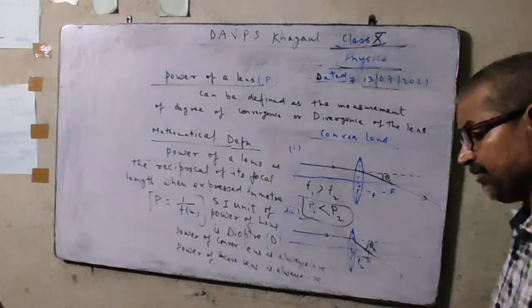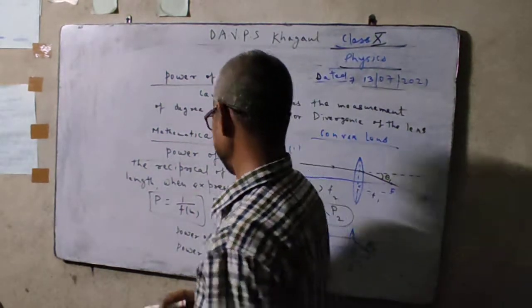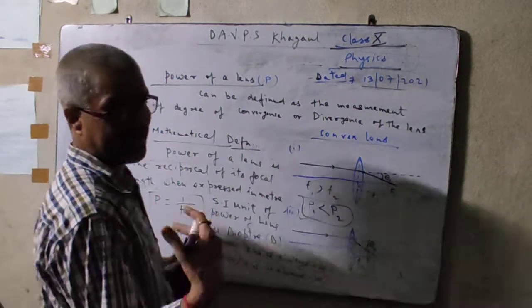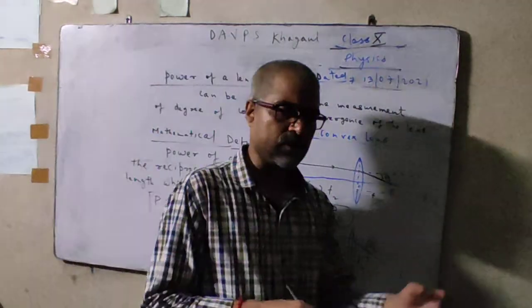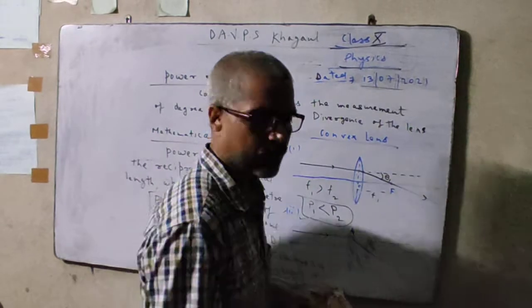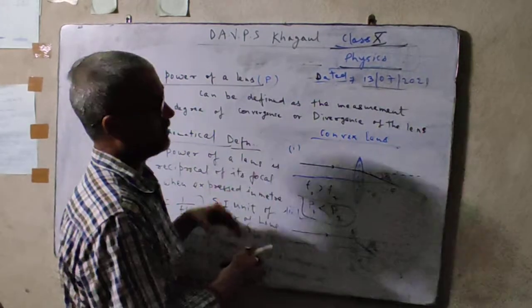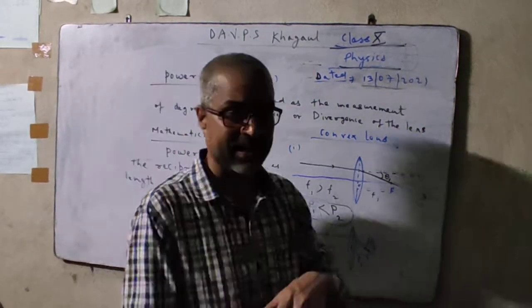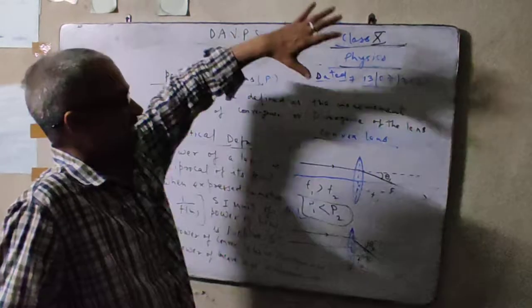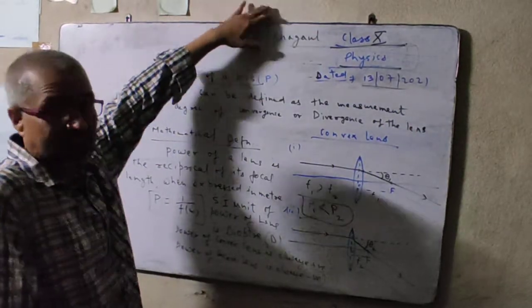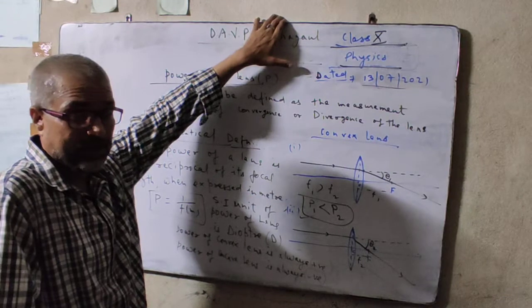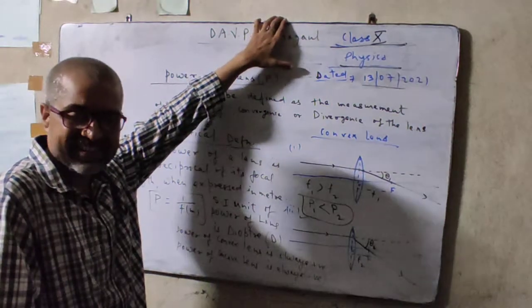Now with a diagram also, I will express the diverging behavior of concave lens, and then if time permits, we will solve some numerical problems also. I hope you understand this diagram, because optics, class 10 physics, is a very important branch, and these days we are studying lens.